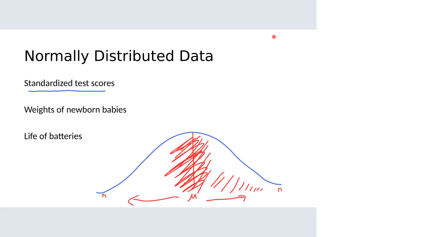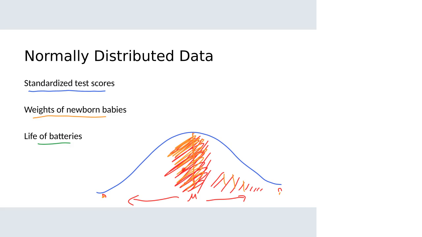Something else that fits the normal curve would be the weights of newborn babies. There's going to be a mean right in the middle. Most babies are going to be close to the mean, but there are going to be fewer and fewer as you get further away, and somewhere out here is going to be a very small number of really heavy babies, and similarly a very small number of really light babies. And something else that has come up in other examples for us, the lifespan of batteries.